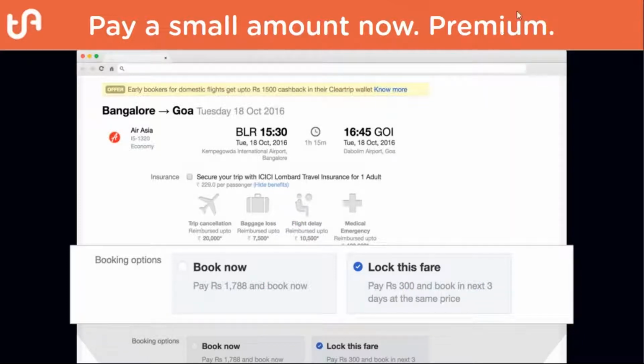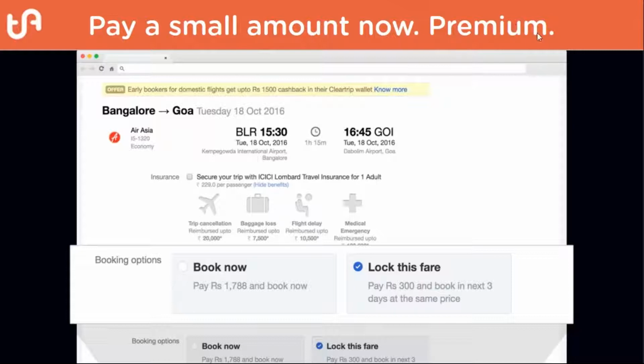Now, let's play a quick game. Let's say you are a booking agent. You need to book tickets for all your customers. Let's say you stay in a nice apartment complex and everyone in your apartments books their tickets from you. You have 20 customers and you know that they are going to be traveling to Goa.